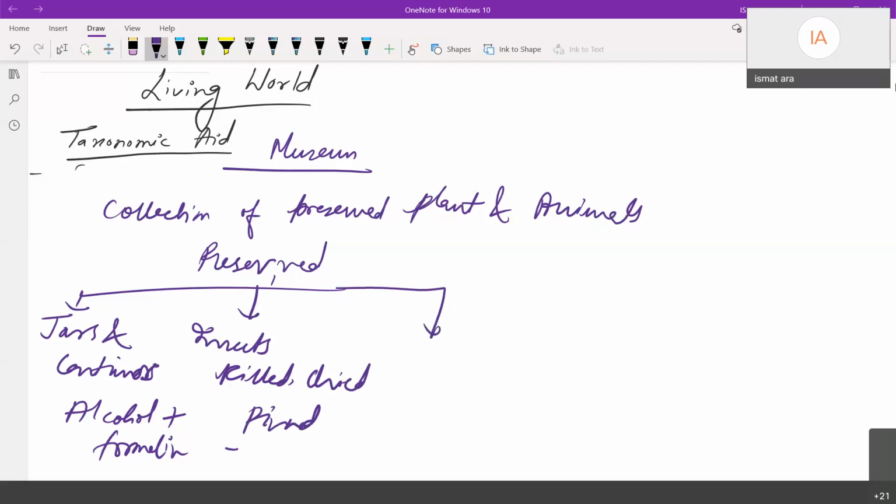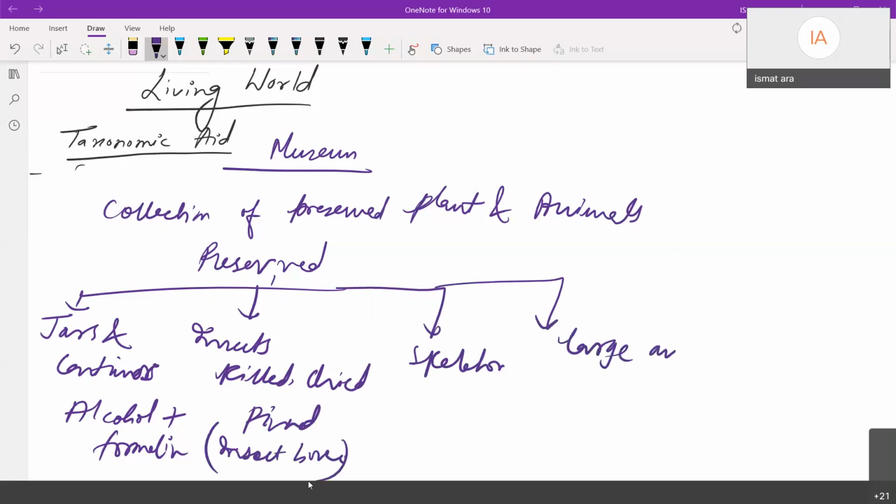Some insect bones are also preserved, skeleton. Large animals are also present there. Large animals are also stuffed there. They are stuffed. They are preserved.